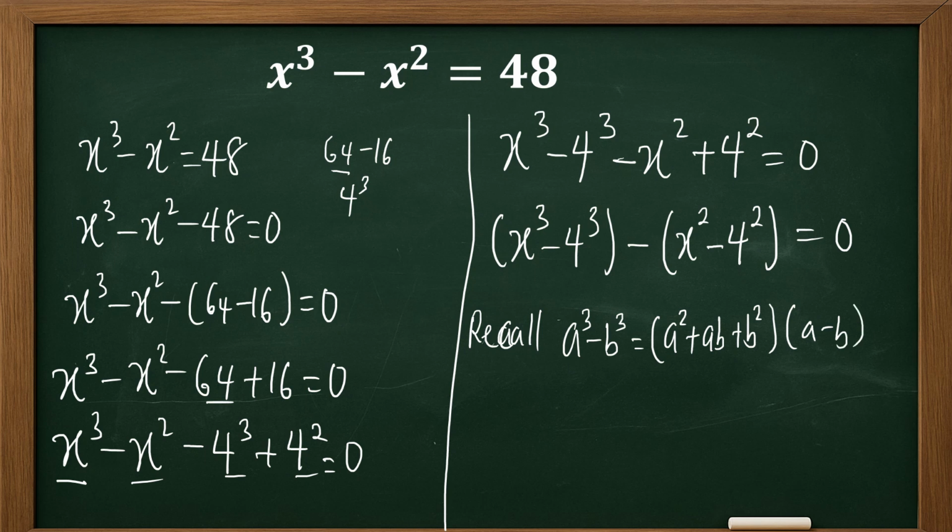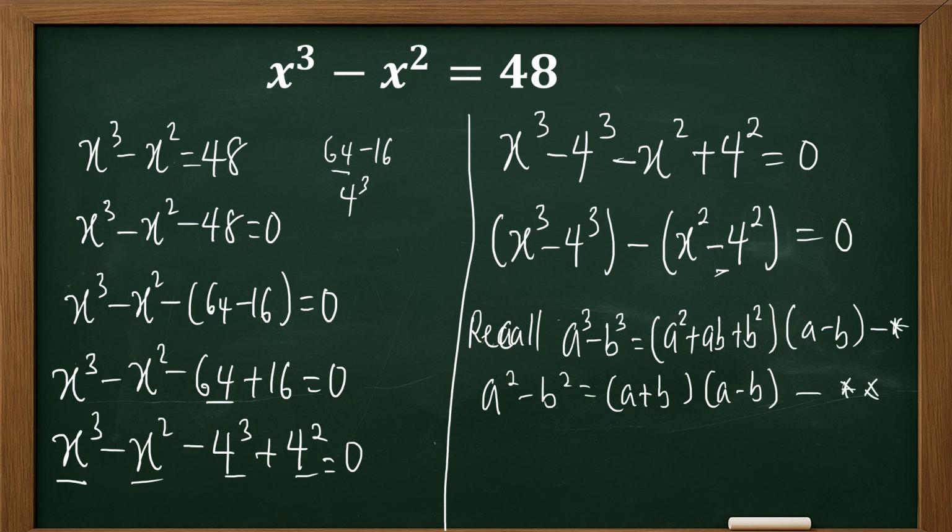And for the second term, that is the difference of two squares. If you have a squared minus b squared, this is going to be a plus b, a minus b. So we have these two conditions in which we're going to plug in.